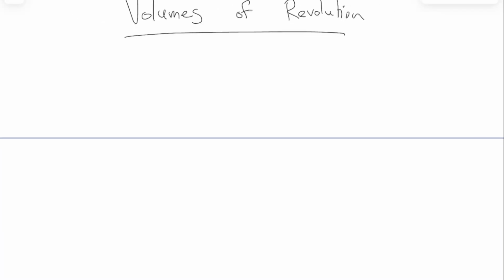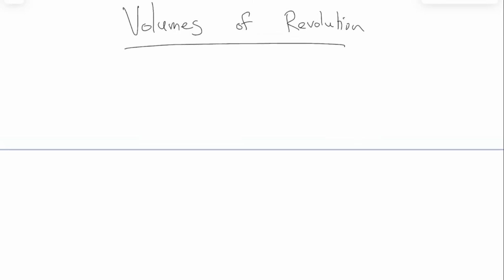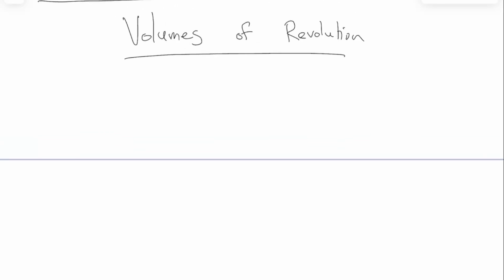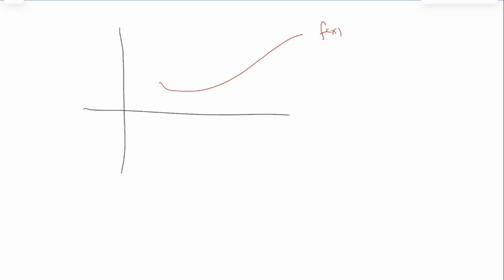A shape which has some kind of rotational symmetry to it. Something like if I have a function here that maybe looks like that, this is just a little piece of a function. Of course, you can find the area under the curve by doing the integral, but you can also use the integral, it's not so hard, to find the volume of revolution.